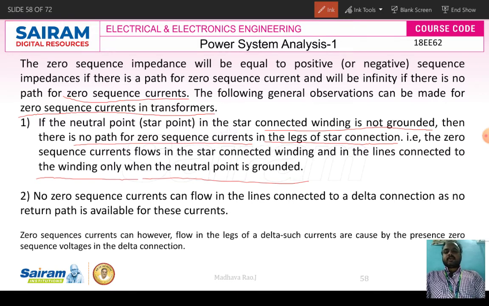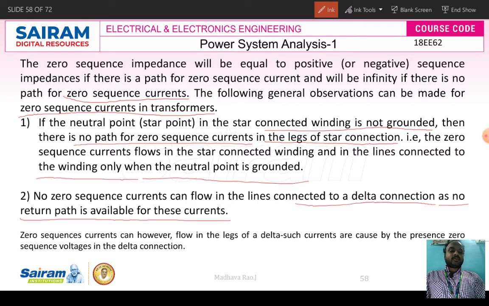No zero sequence current can flow in the lines connected to a delta connection. In a star connection we can connect the neutral wire, but in a delta connection there is no neutral wire, since no return path is available for these currents.